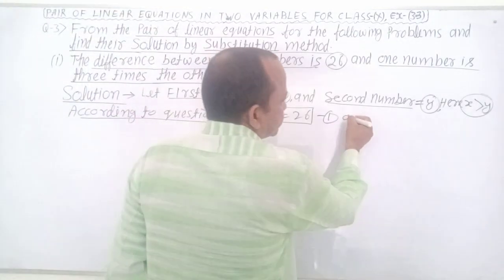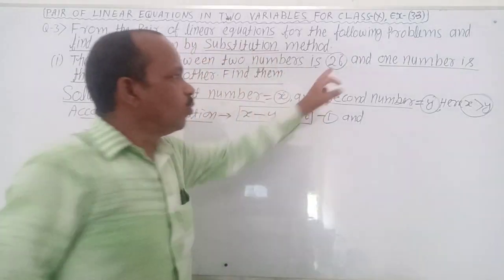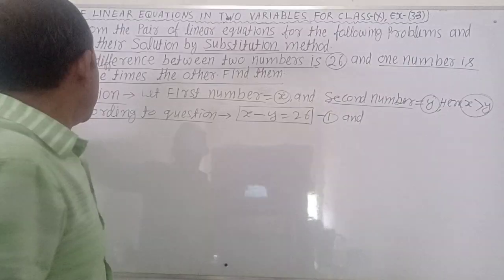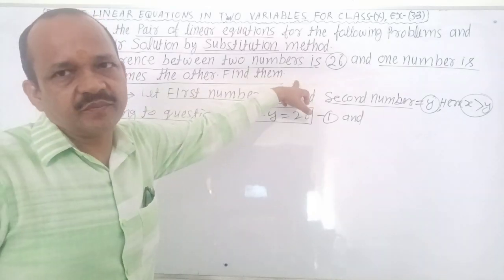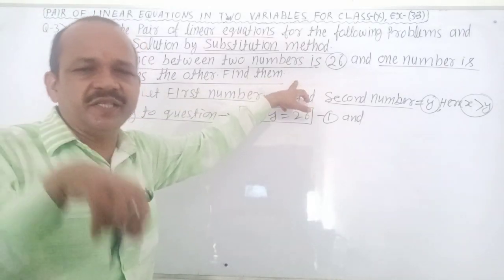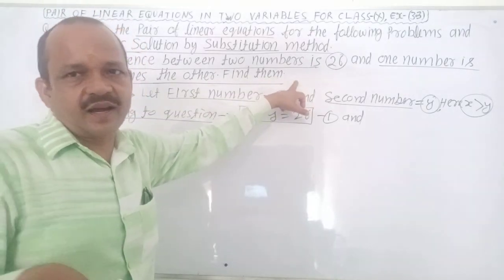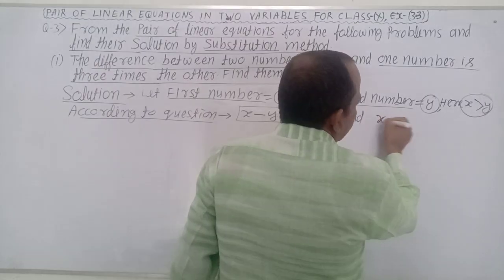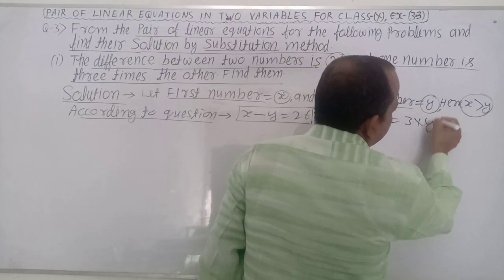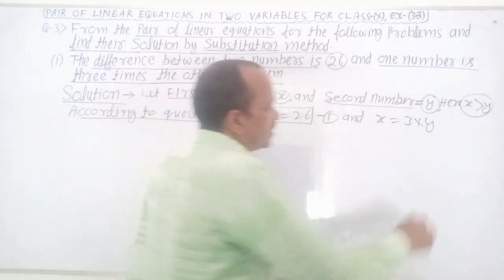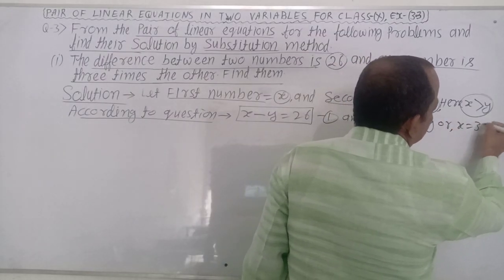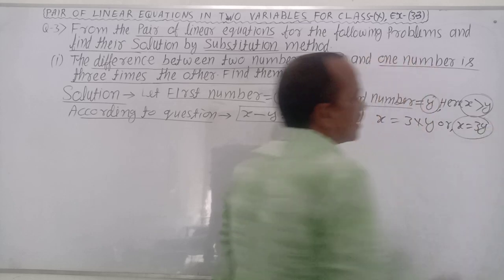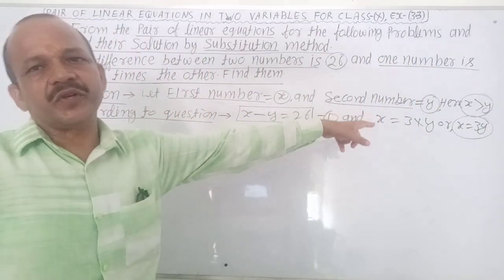And one number is 3 times the other number. x equal to 3 multiplied by y, or x equal to 3y.